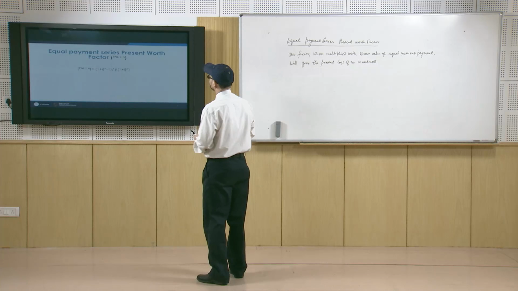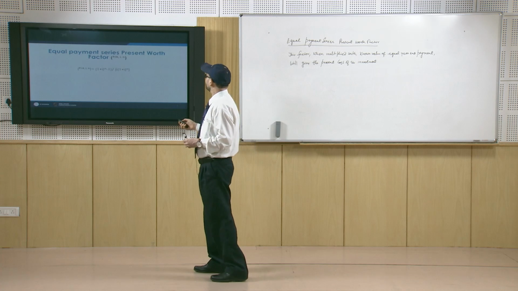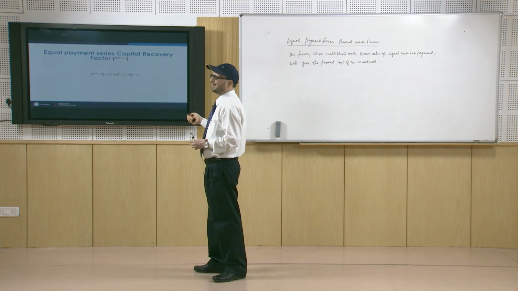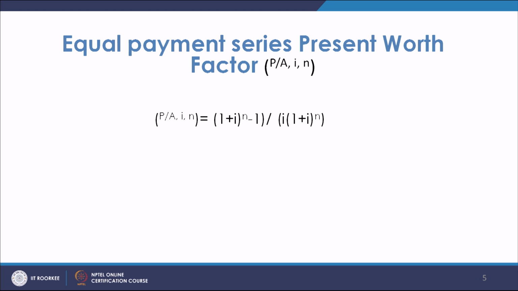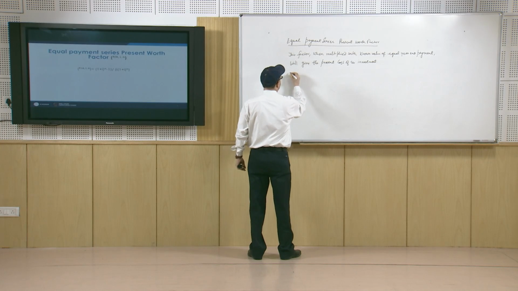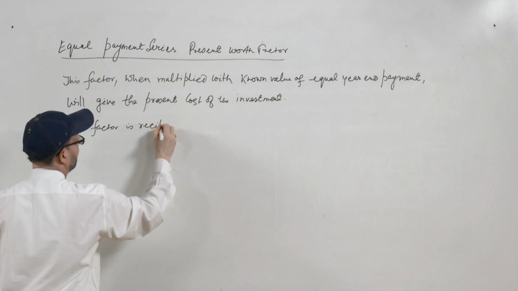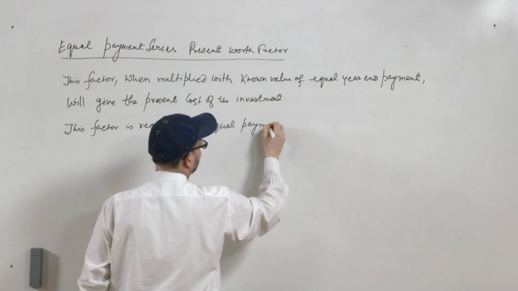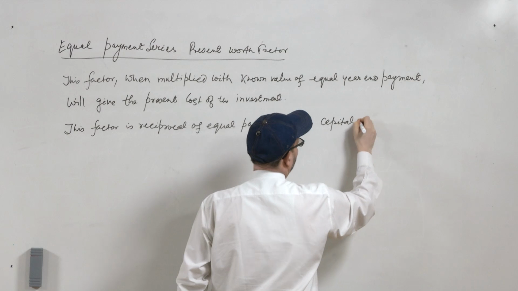Now, earlier we have seen the equal payment series capital recovery factor, in that case we knew P and we had to calculate A. In this case we know A and we have to calculate P. So, basically this factor is the reciprocal of equal payment series capital recovery factor.